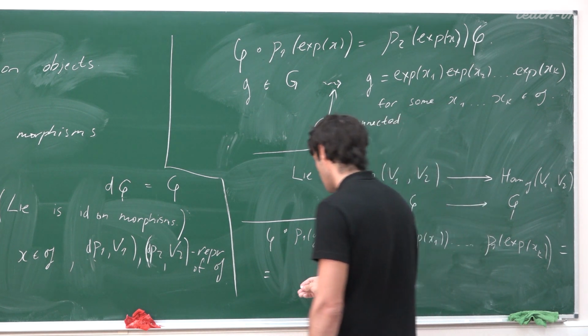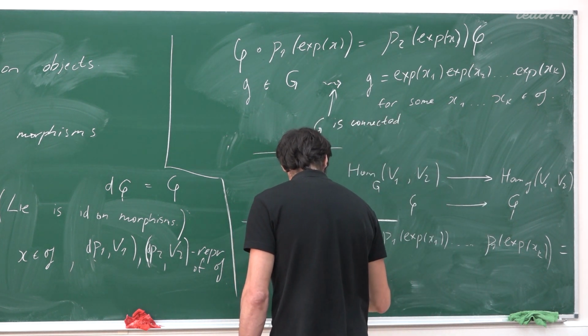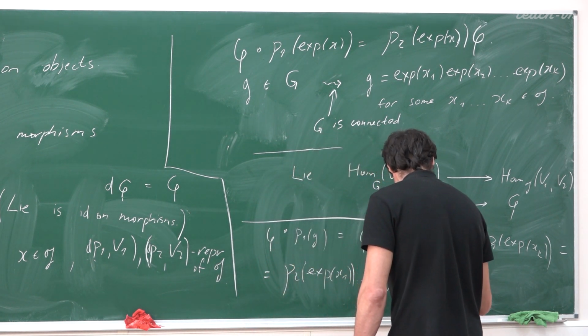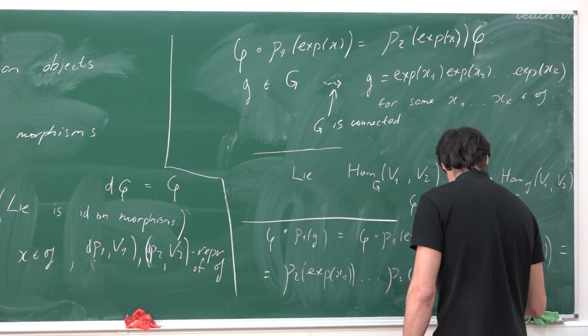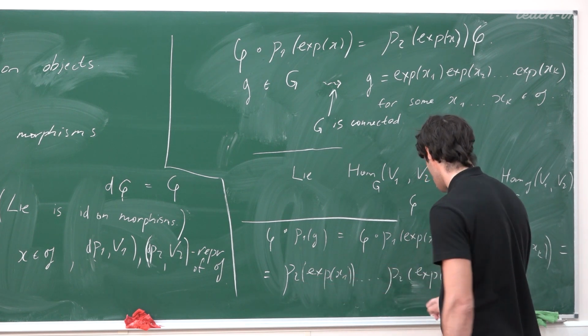So I can write it like this: rho 2 of exp x1, up to rho 2 of exp xk, phi, and then this is just rho 2 of g times phi.